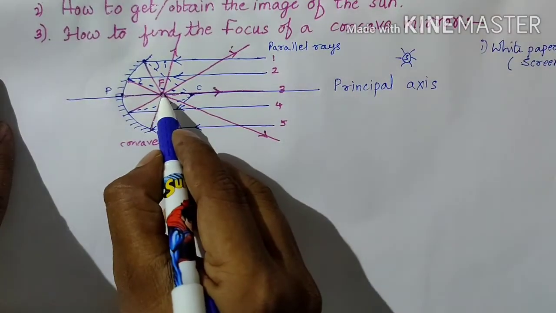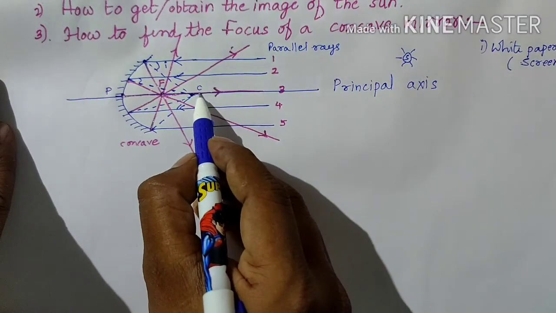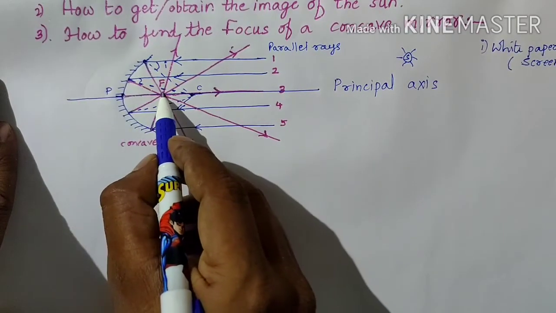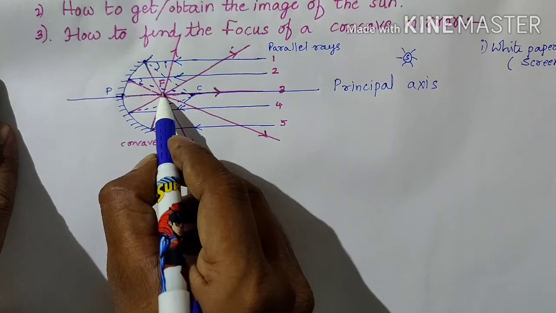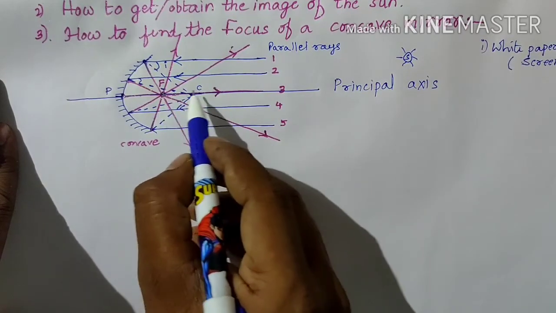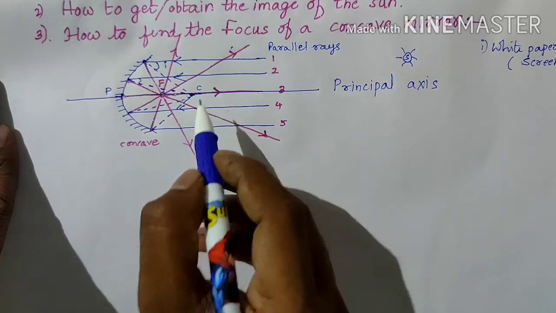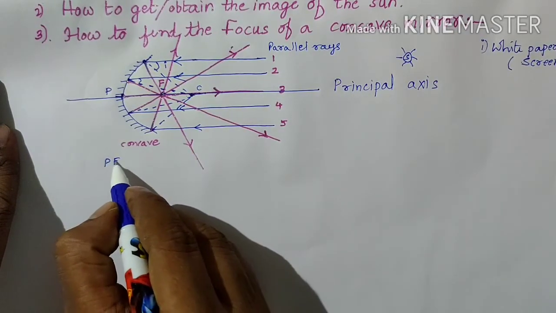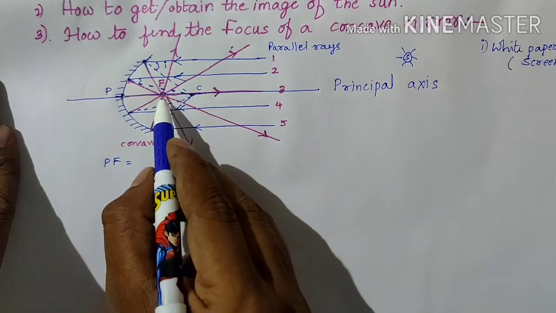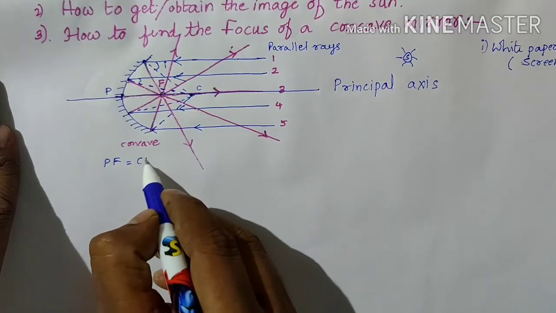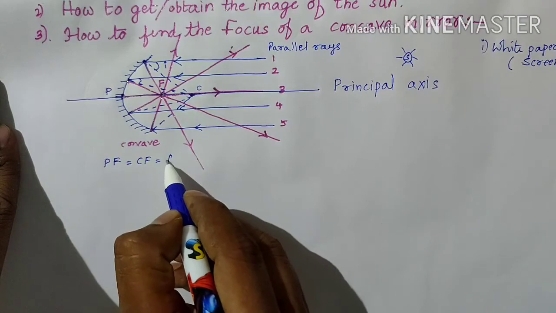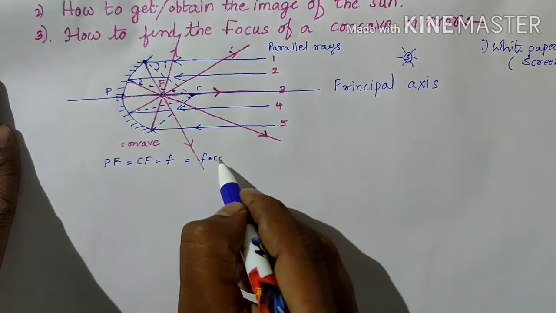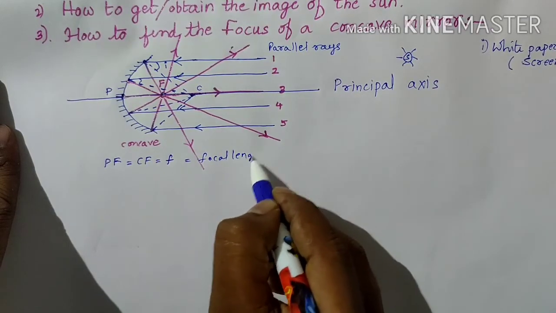Here the focus is the midpoint of the center of curvature and the pole. So the distance from pole to focus is equal to the distance from focus to center of curvature. That means PF, the distance between pole and focus, is equal to the distance between focus and center of curvature, which equals F, where F is the focal length.